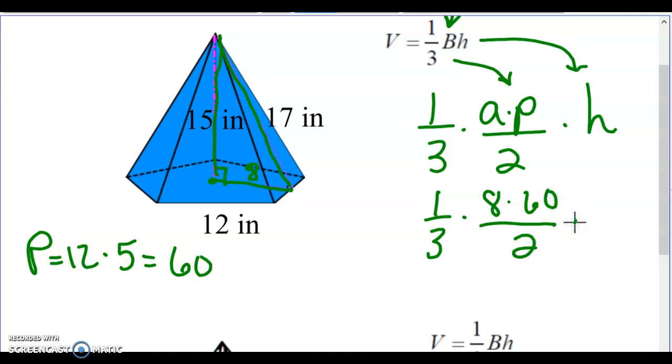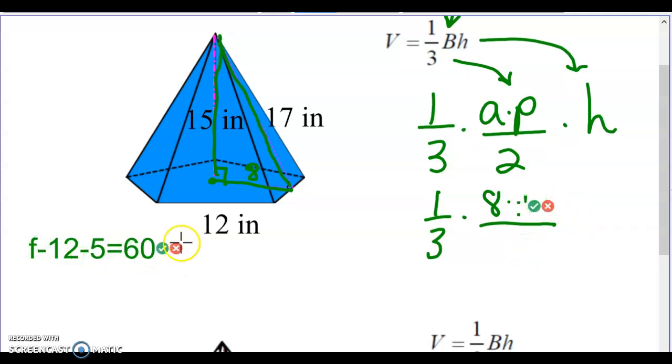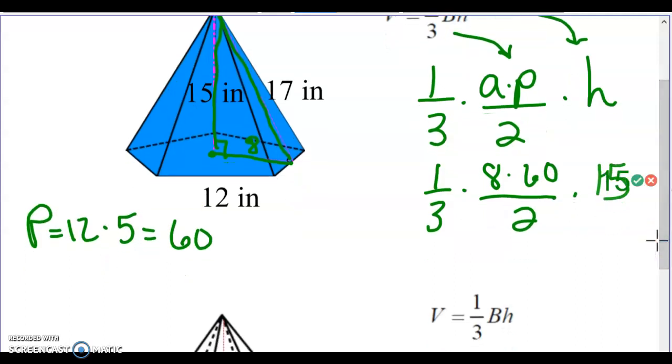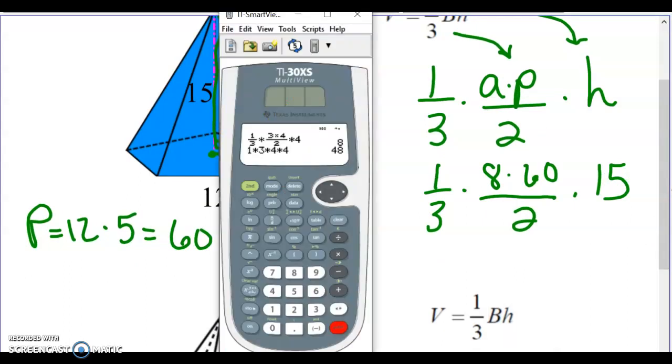Okay, and then how tall is the entire pyramid? 15 would be the height of the entire pyramid. So again, typing this in on my calculator, I could type it in just exactly like I see it with the fractions and everything, or I can just type straight across the top, 1 times 8 times 60 times 15.